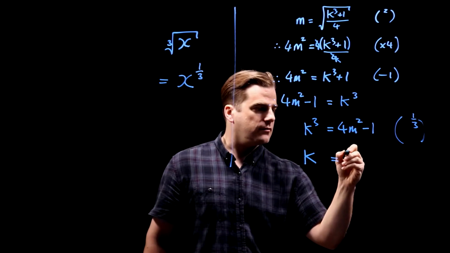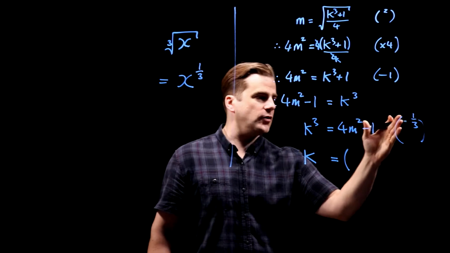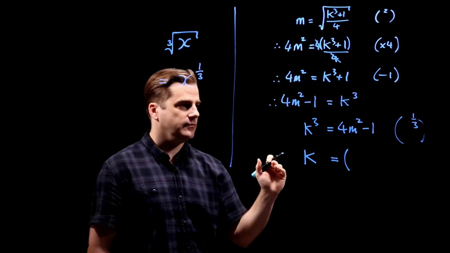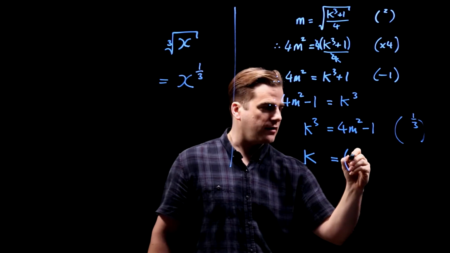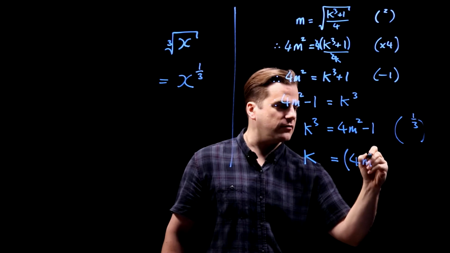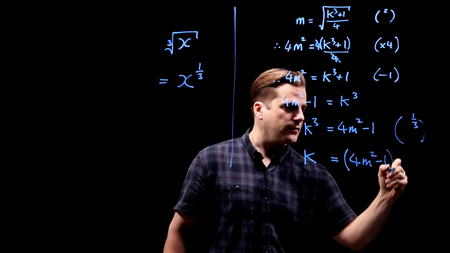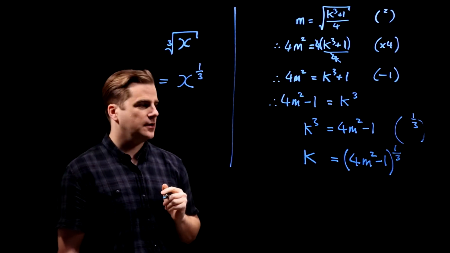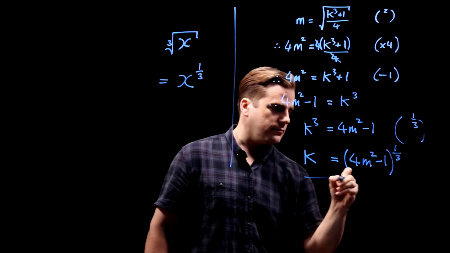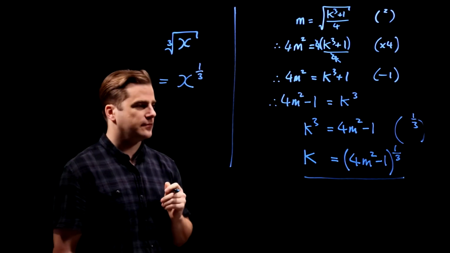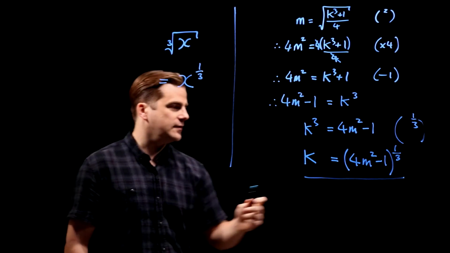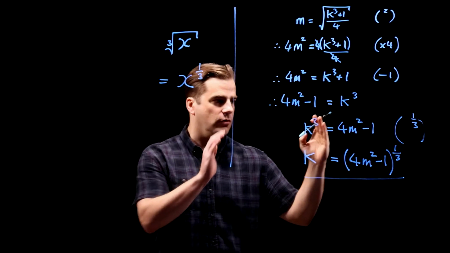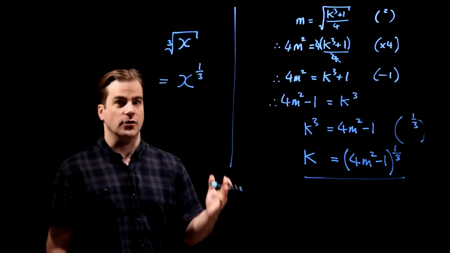And we have to take the cube root of the whole thing, okay? So I'm putting it in brackets, 4m squared minus 1, to the third, okay? And that's it. That's the answer. k is 4m squared minus 1 all to the third, or all cube rooted.